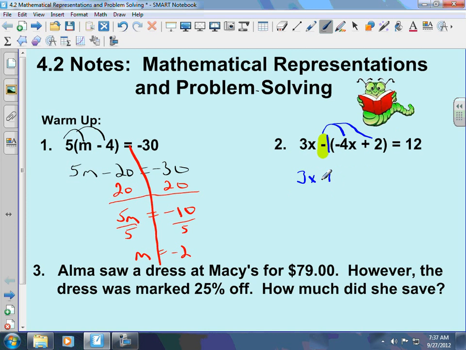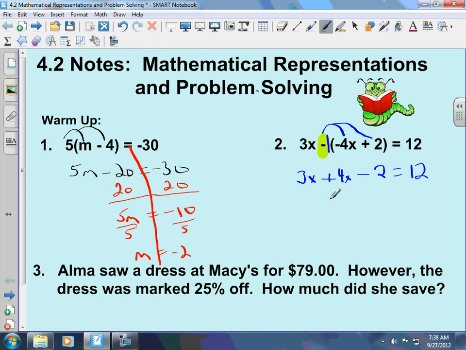Negative times negative is a positive 4x. That negative sign goes away because the 4 becomes positive. Negative 1 times positive 2 is negative 2. The positive sign goes away because it becomes negative 2 equals 12.